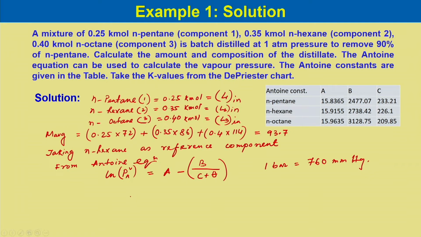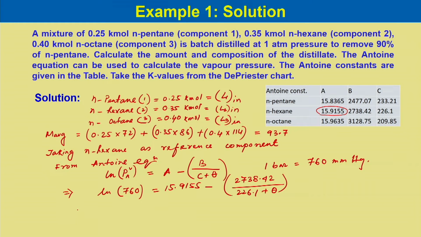Now, if we put the Antoine constants which are given over here for n-hexane, it would be ln 760 equal to 15.9155 minus 2738.42 divided by 226.1 plus theta.